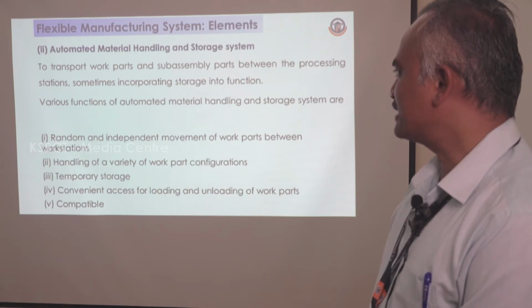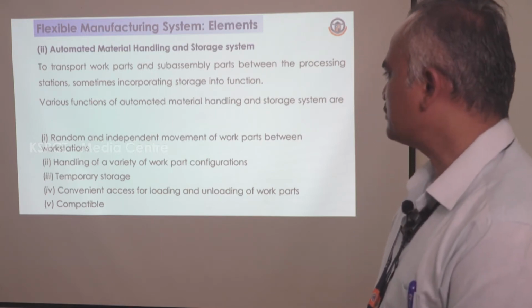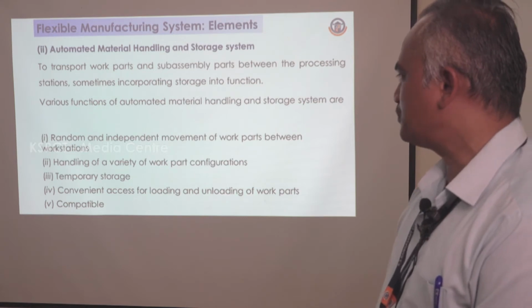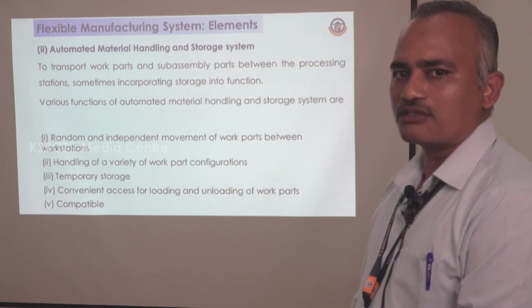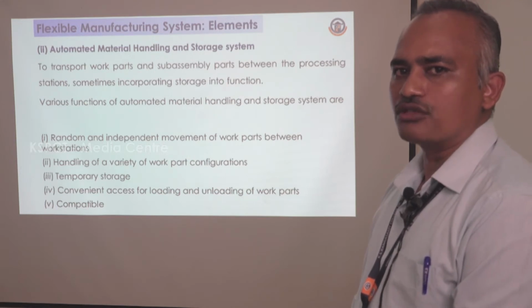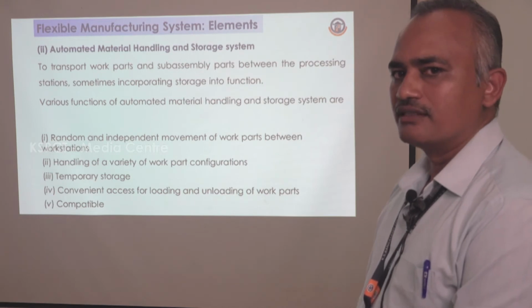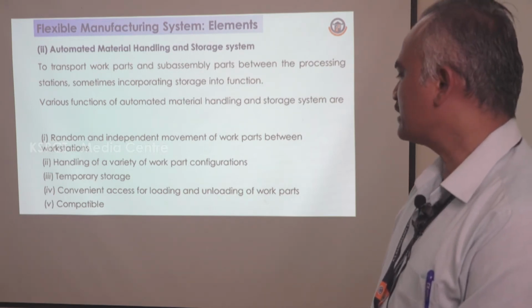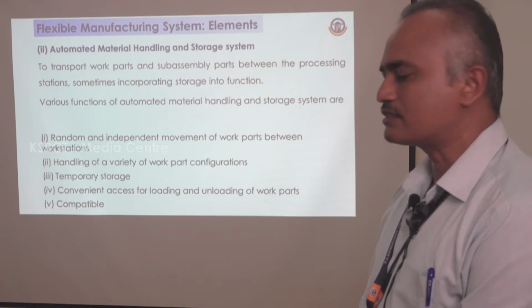There are some functions of the automated material handling system. First, random and independent movement of work parts between the workstations. In one workflow we can modify the route of the material handling system randomly, and accordingly the system can capture all the routes and independently move from one location to another.